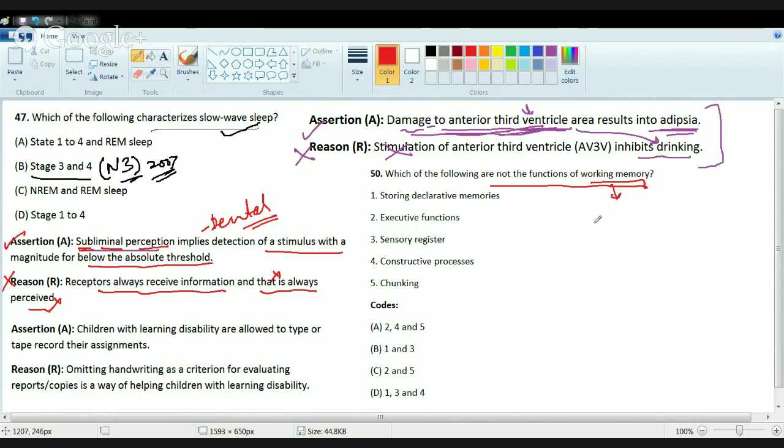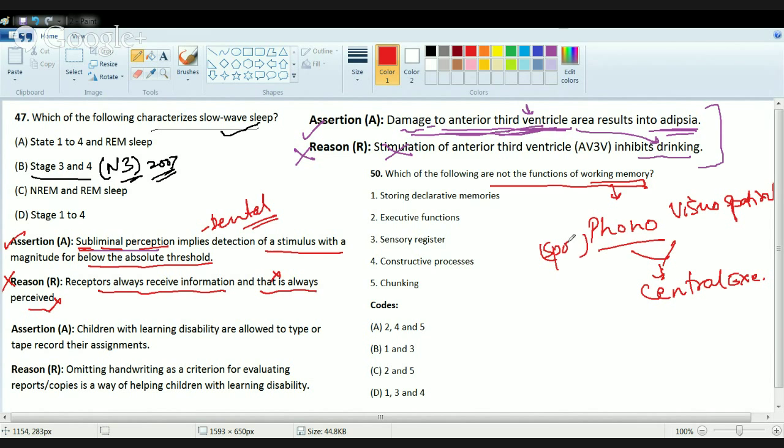The working memory model by Baddeley talked about three components. So what were those? You have the phonological loop and the visuospatial loop. These both fall under the central executive. The phonological loop deals with spoken language, the visual one deals with written language.